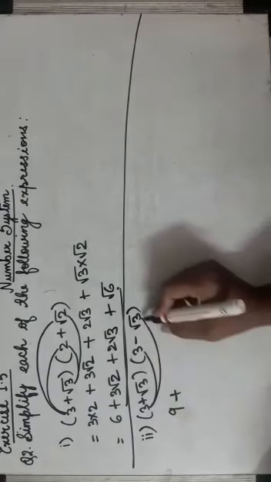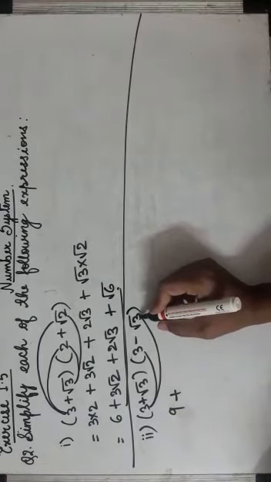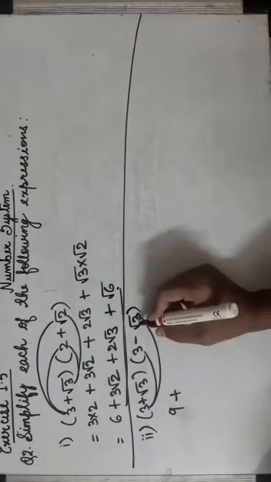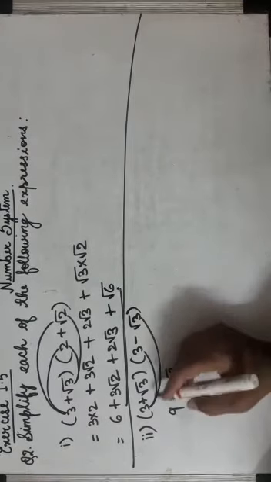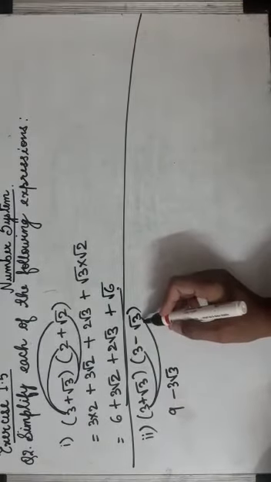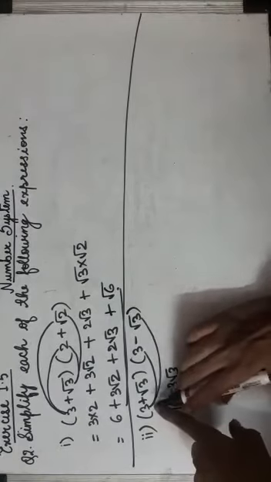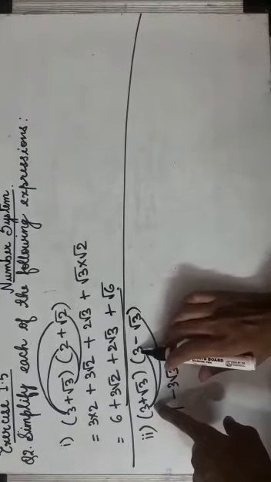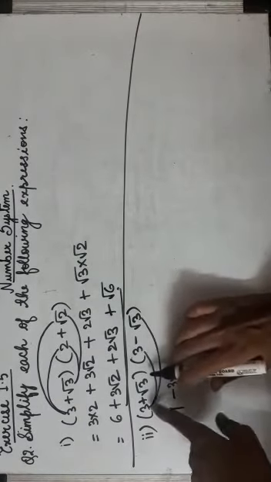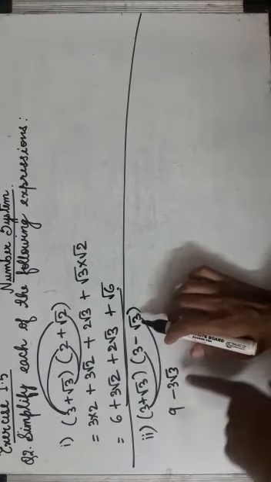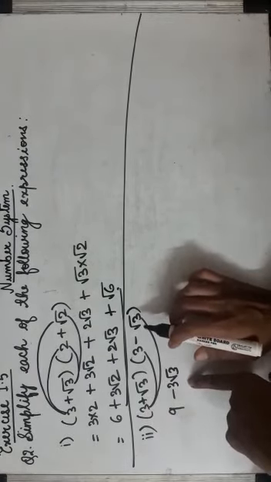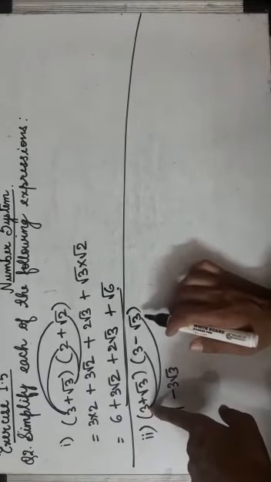So 3 into minus root 3 will be minus 3 root 3. See here, 3 is first multiplied with the 3, so 3 3s are 9. Then 3 is multiplied with minus root 3, so 3 into minus root 3 will be minus 3 root 3. Clear? So the first term is multiplied with the bracket.